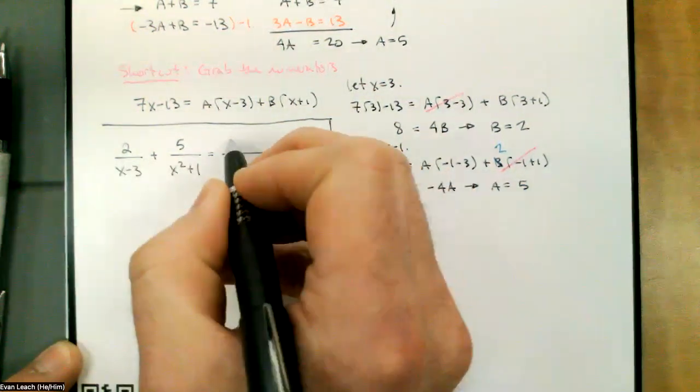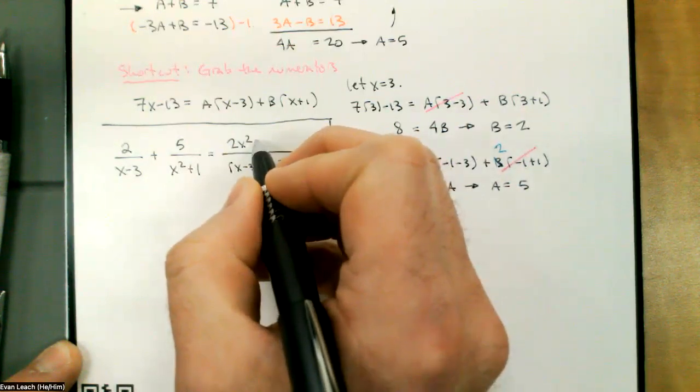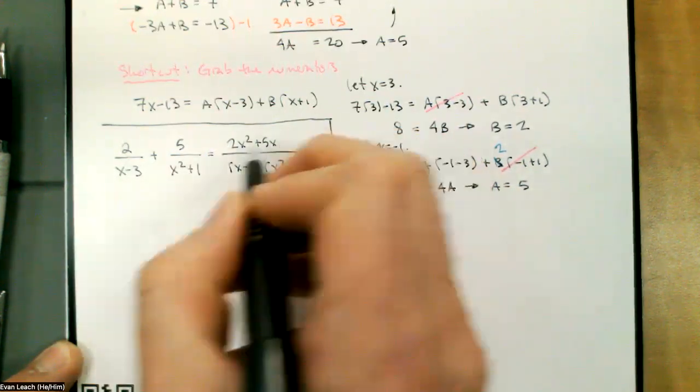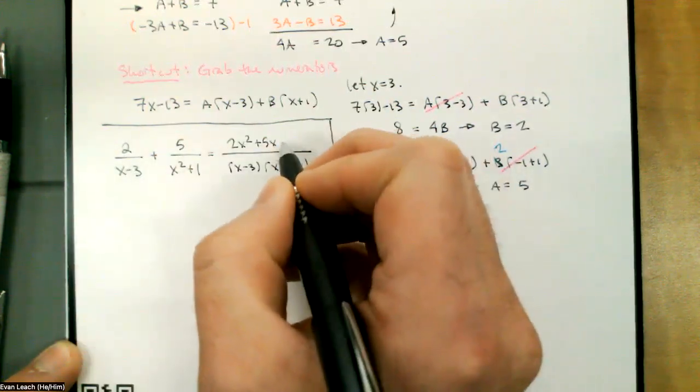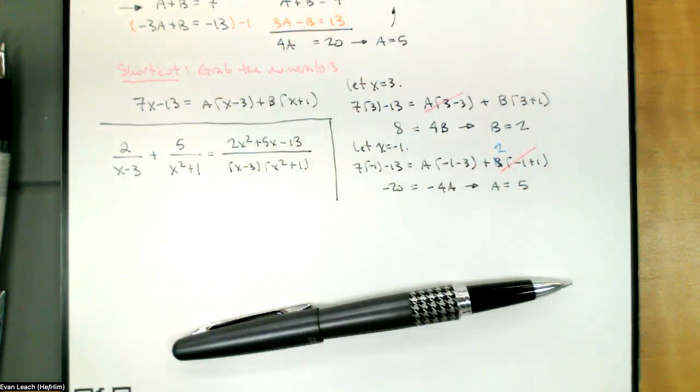So I'd have a 2x squared plus 5x plus 2 minus 15. I knew the negative 13 was going to be the same, but I was not going to break 7 up in the right way. I don't know why. I always break the 7 up in the opposite way. And it messes everything up.